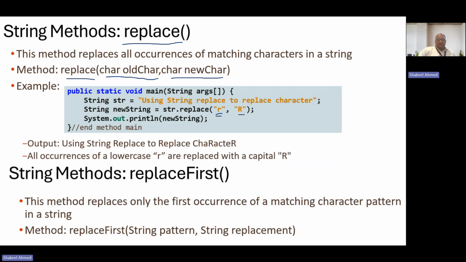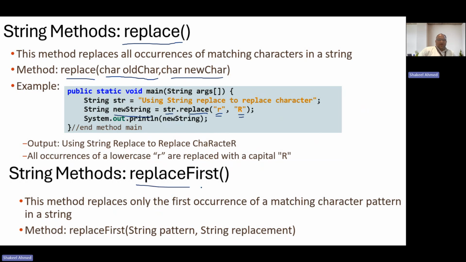You want to replace r with R. Using string replace, I want to create a new string and replace all the small r's with the capital R's. As you can see here, wherever r is there, it will replace it.